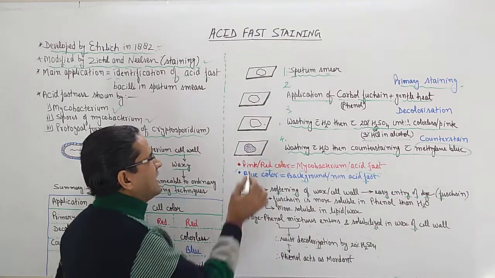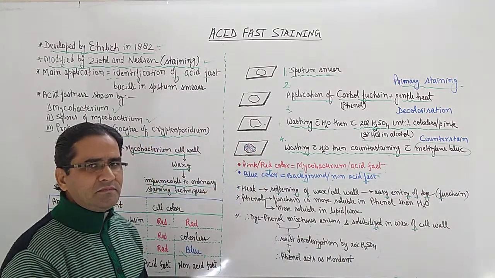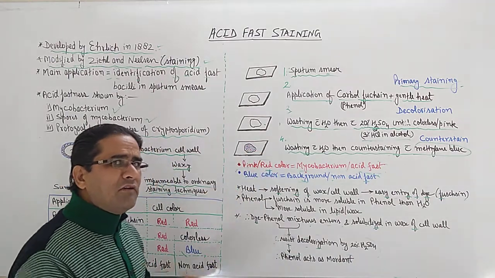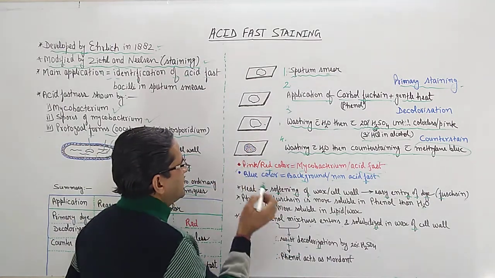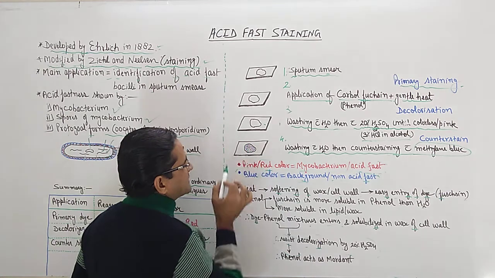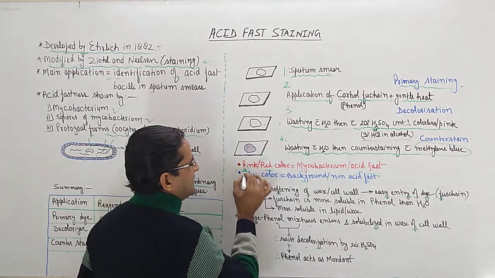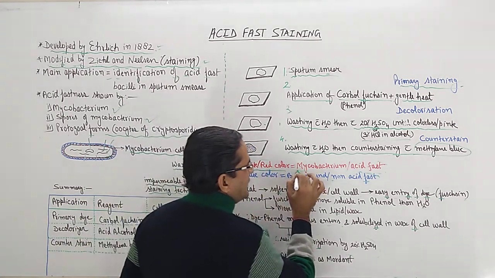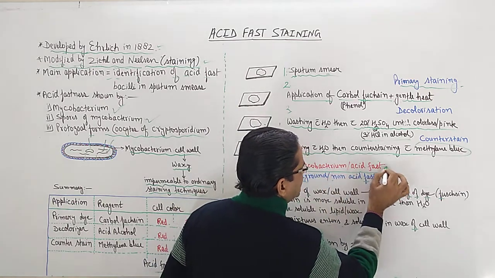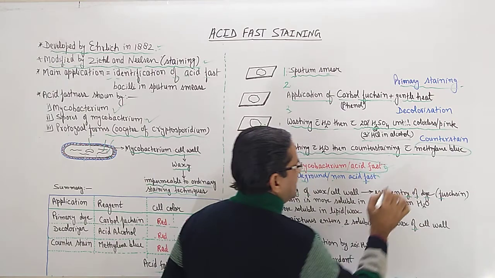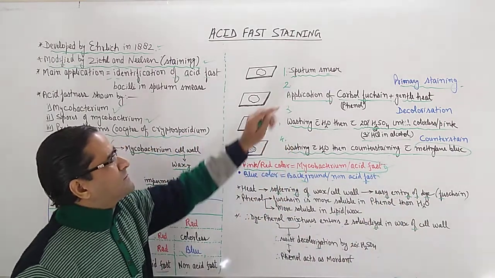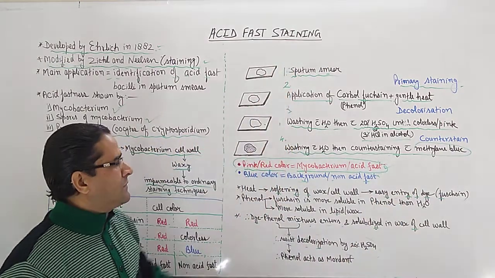Now these are the results obtained. Now to conclude, what we interpret is that these red spots or pinkish spots, if they are present in the sample, it means mycobacterium is present, and we can say that acid fast bacteria are present in the sputum of the patient.